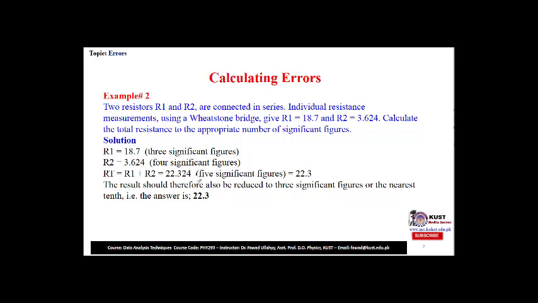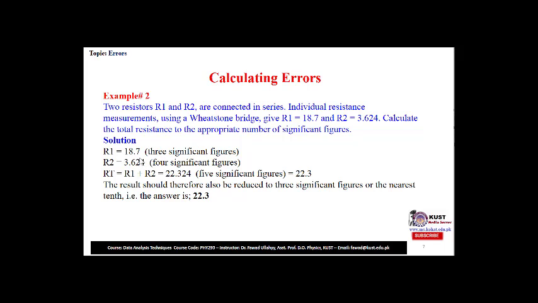It has 5 significant figures, but remember that whenever we add two numbers that have different numbers of significant figures, the result will have only as many significant figures as the number with the fewest.